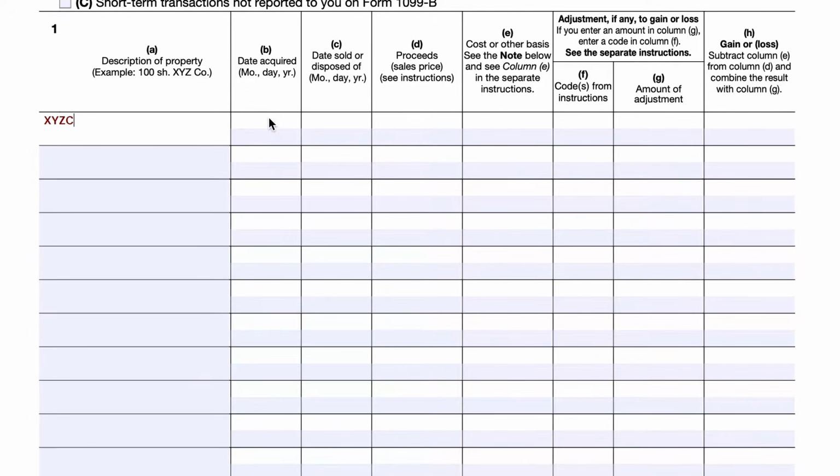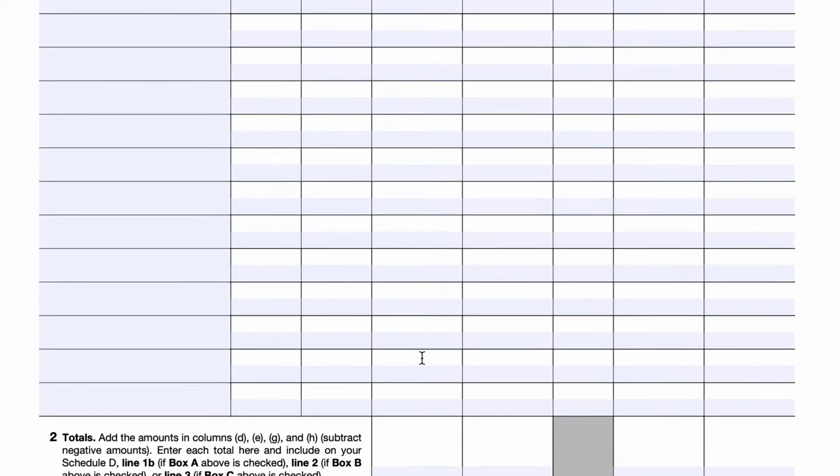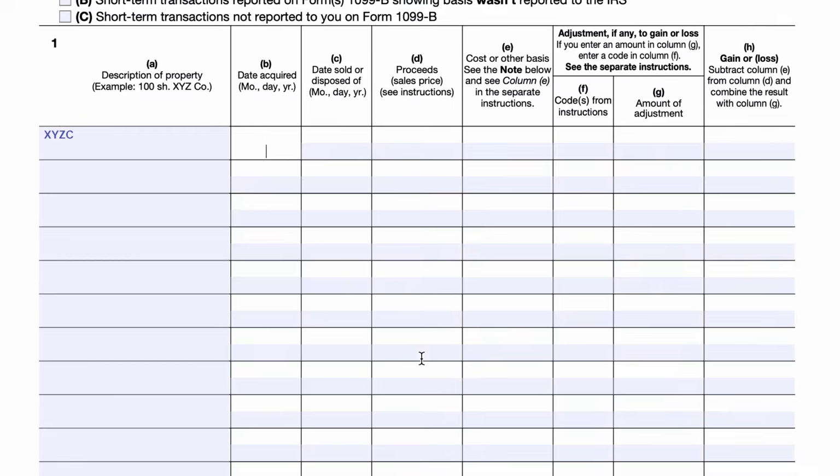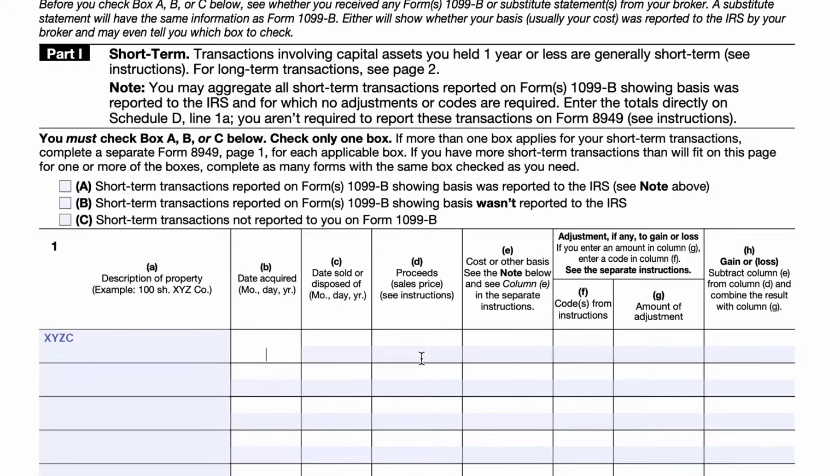So, since this is a short-term transaction, we'll indicate the date acquired. If this was inherited property, then you're going to report the transaction on Part 2, because technically all capital assets that are inherited qualify for long-term capital gains treatment, regardless of how long you individually held them.